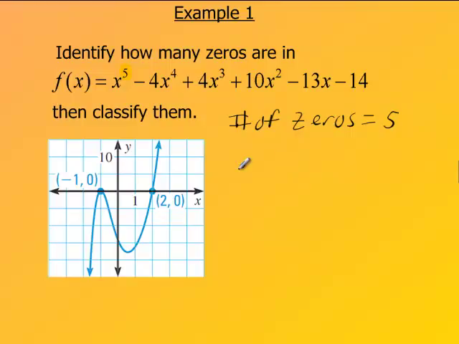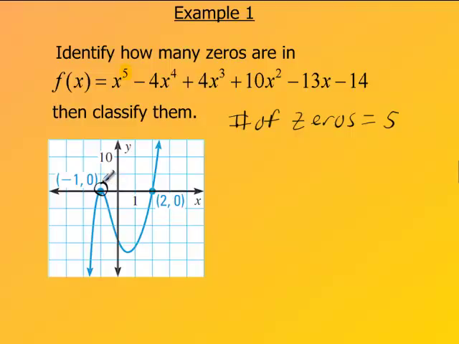Now, if I were to graph this, I could see that it looks like it only crosses the x-axis twice. So how could there be 5 zeros if I only see that it's crossing twice? But what I want to point out here is that here we have a local maximum that's just touching the x-axis at -1 and 0.